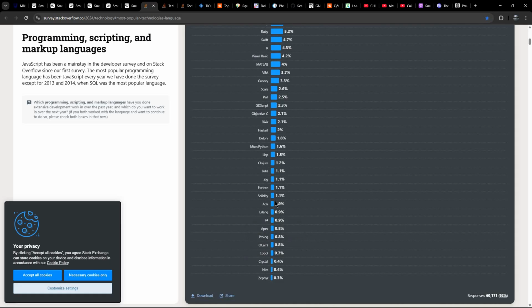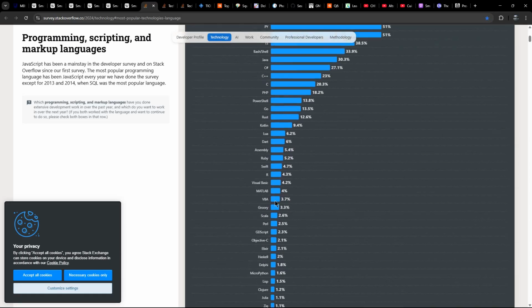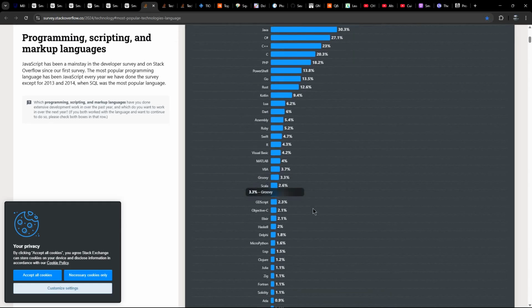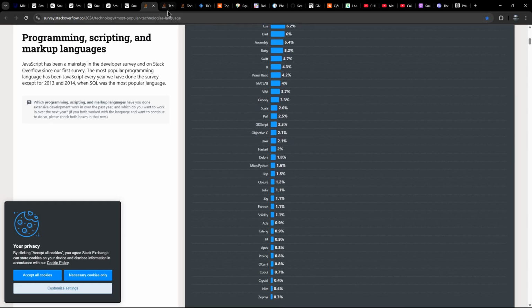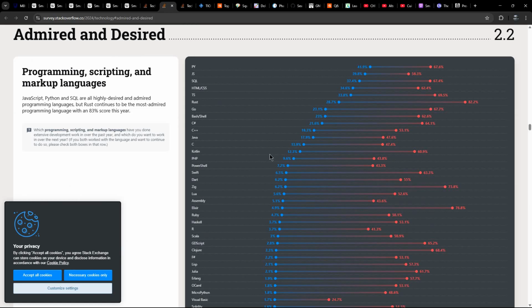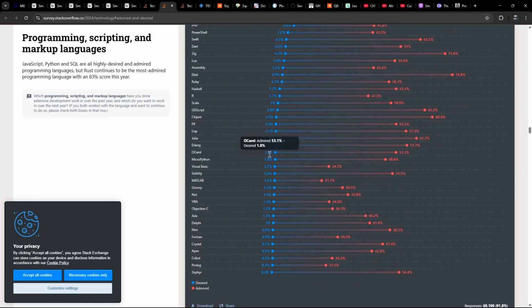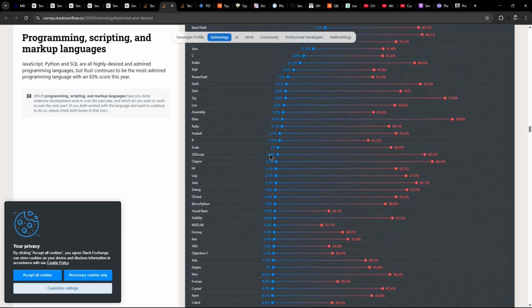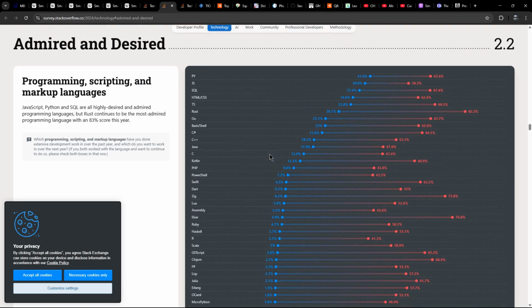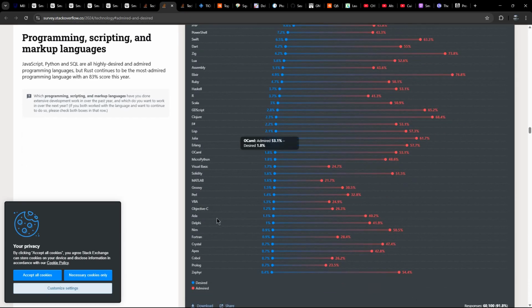So I don't see it anywhere on here, unless I'm not looking hard enough. And if we go through admired and desired, I don't really see it anywhere. So I'm being extremely unobservant.